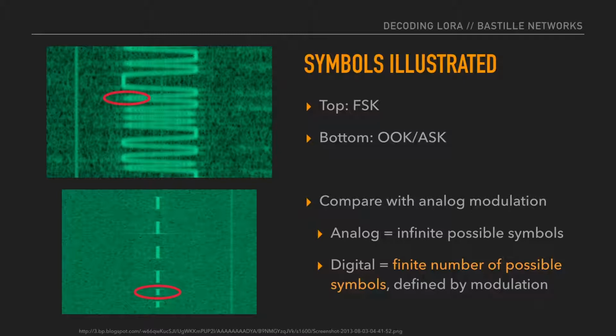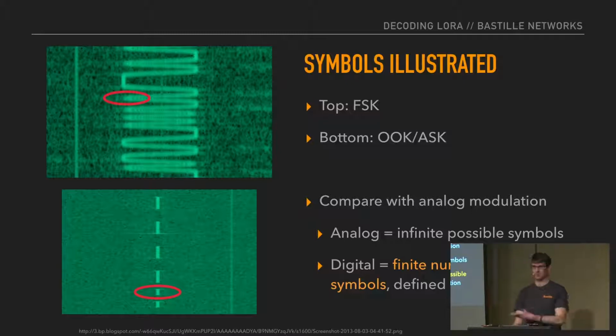So you could think of this as being like, it's a 0 when the signal is dwelling on the first frequency, the one on the left, and it's a 1 when the signal is dwelling on the right frequency, frequency 2. And you can see the analog with the bottom modulation, on-off keying, where the signal being present represents a 1 and the signal being off represents a 0. So hopefully that helps you get a grasp of what it is that we're talking about.